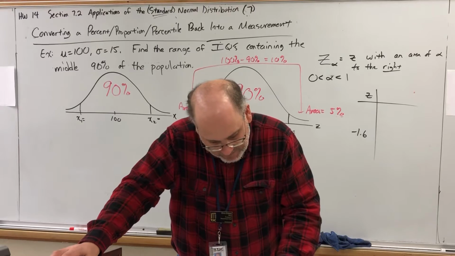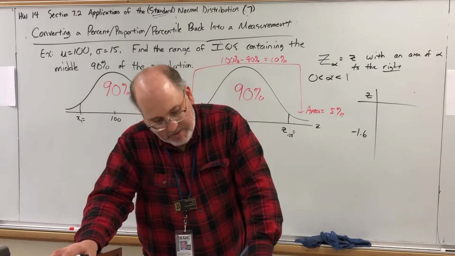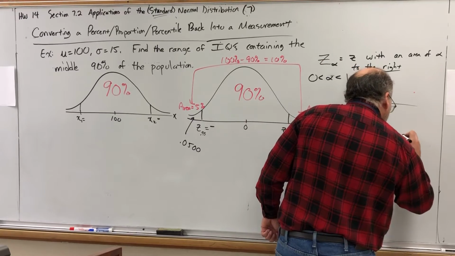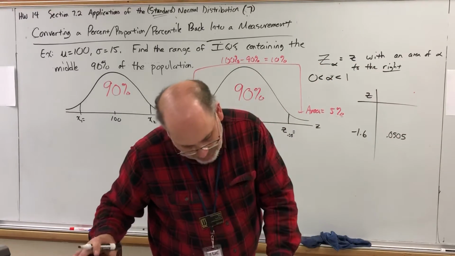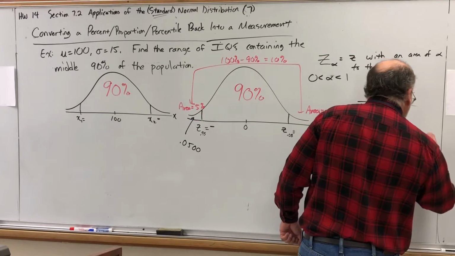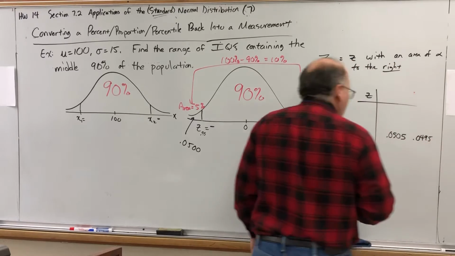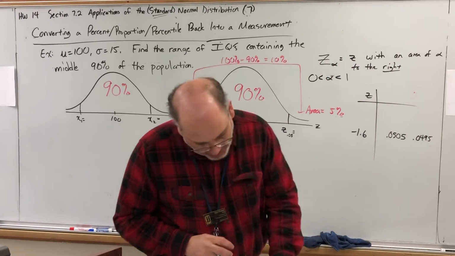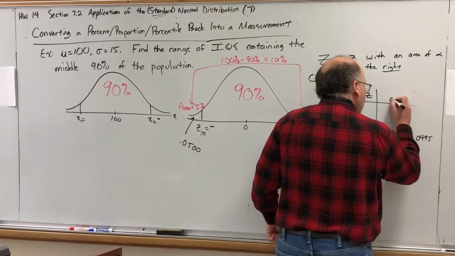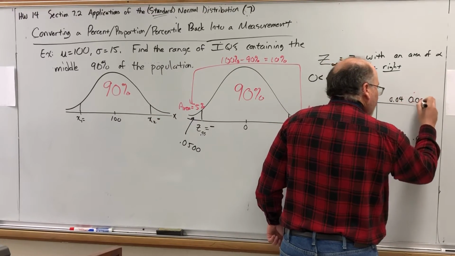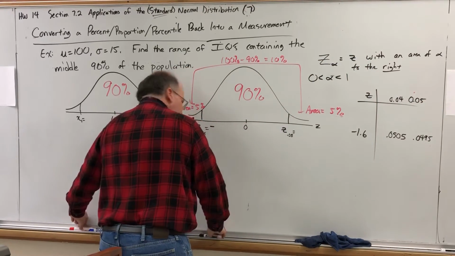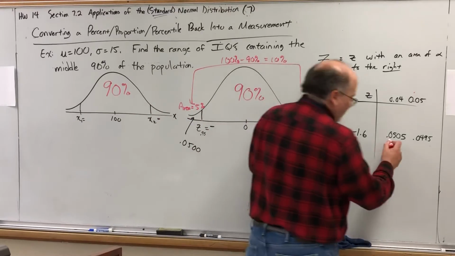You will see 0.0505, but immediately after that, you will see 0.0495. Those are in columns 0.04 and 0.05 respectively.